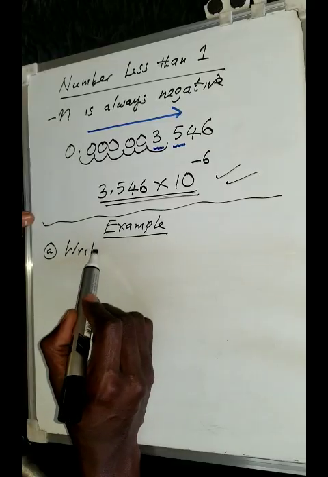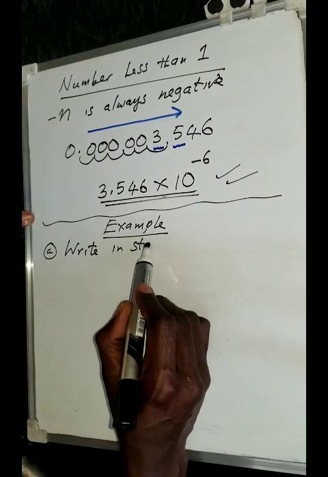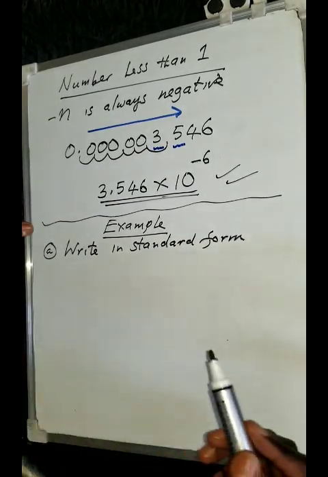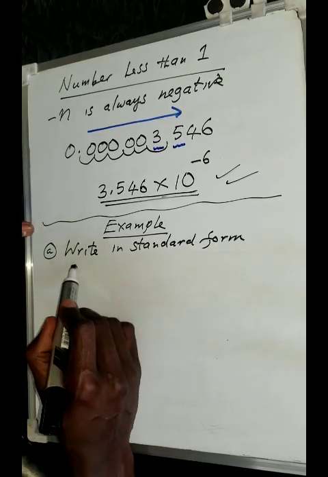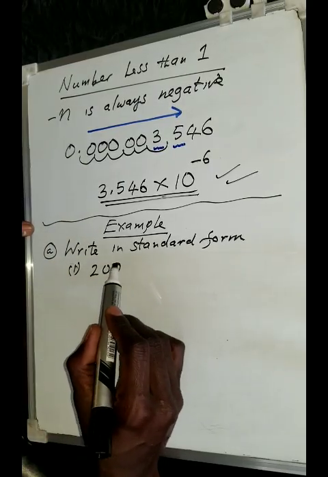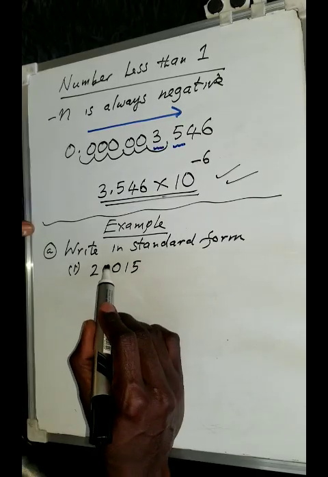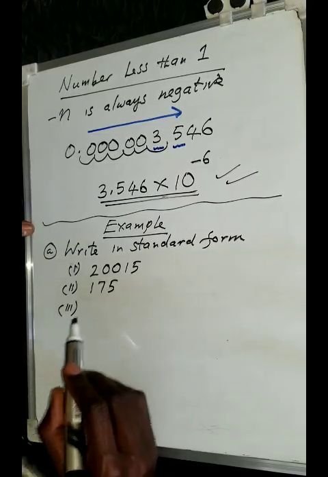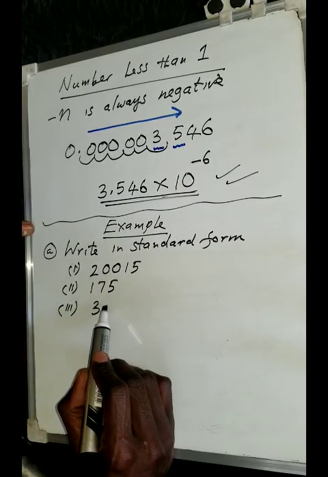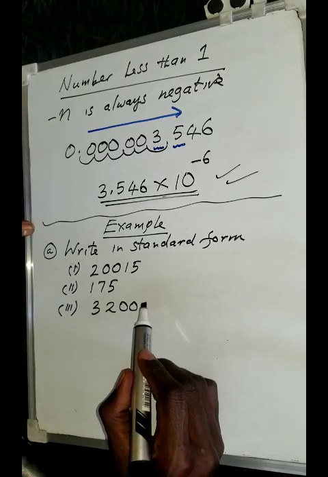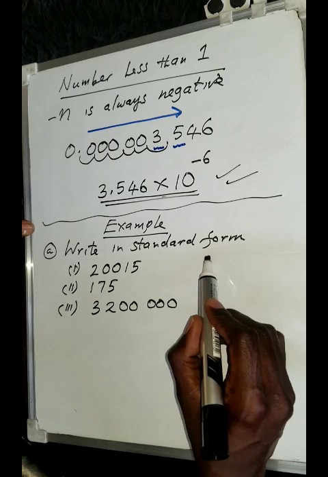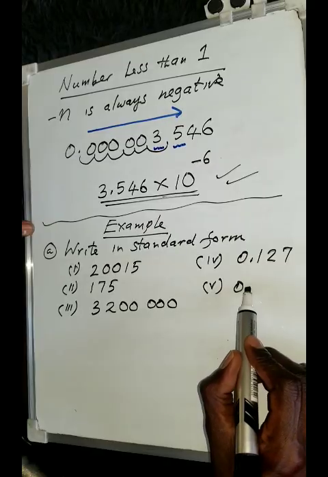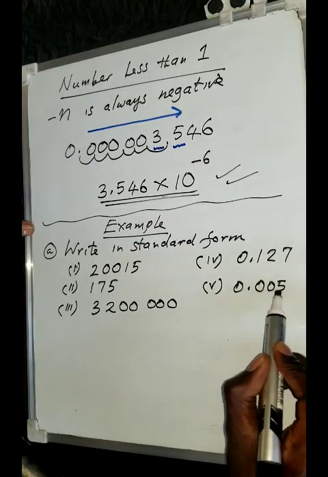Write in standard form: number 1, 20,015. Number 2, 175. Number 3, 3,200,000. Number 4, 0.127. Number 5, 0.00506.